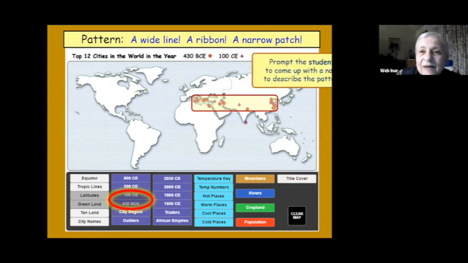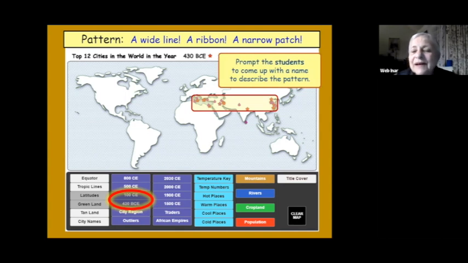If we can get them to put this into what they see, I have tried to make a prompt that would say, well, is this maybe a wide line or kind of a ribbon or a Band-Aid or a patch? That's important because these cities are not all over the place.